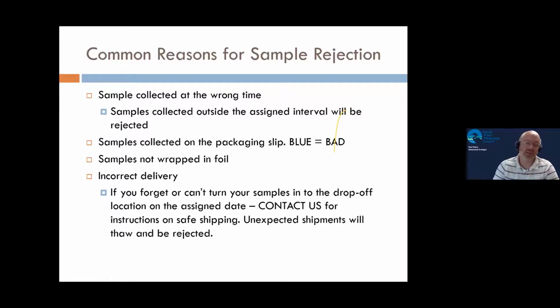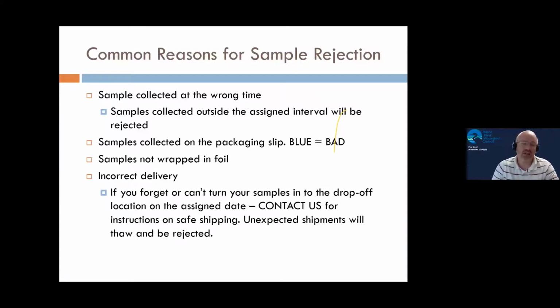You will not want to try to filter chlorophyll water through that blue circle. So remember, blue equals bad. If you do send one of those in, that's an automatic rejection, and we'll send a note to you to remind you not to do it anymore.